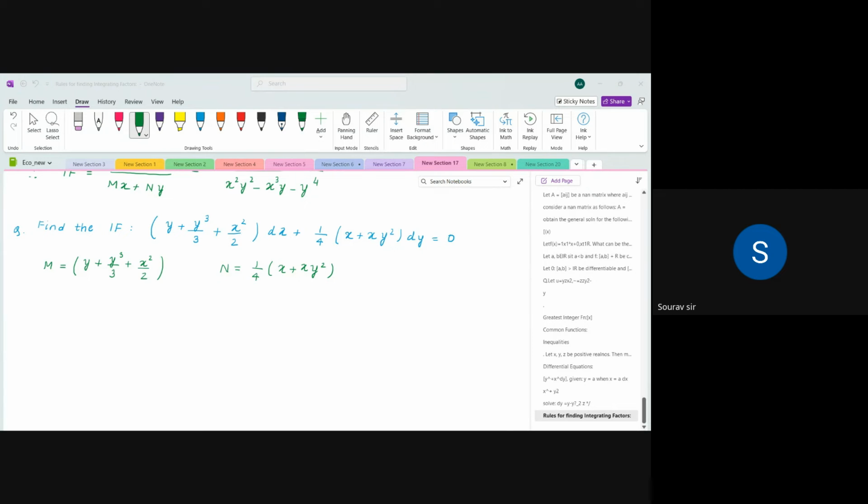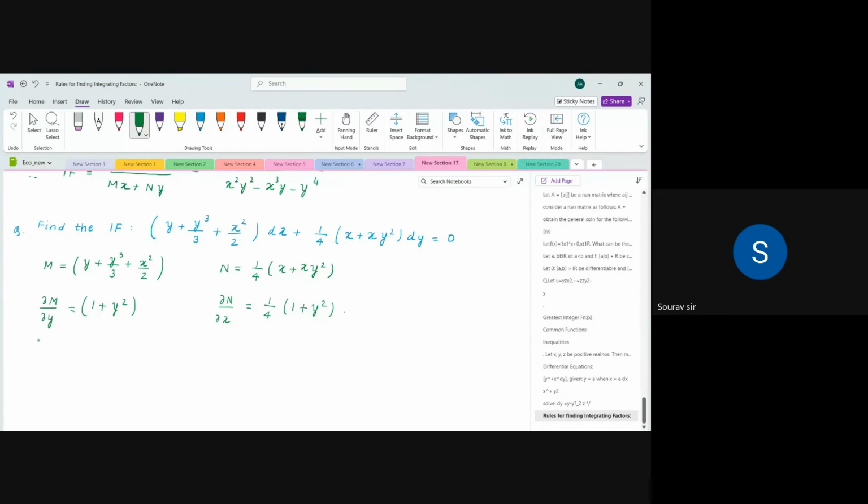Okay, so let's check that. If you're calculating del m by del y, what are we getting? 1 plus y square, right? And del n by del x is 1 by 4 times this, which is also 1 plus y square.